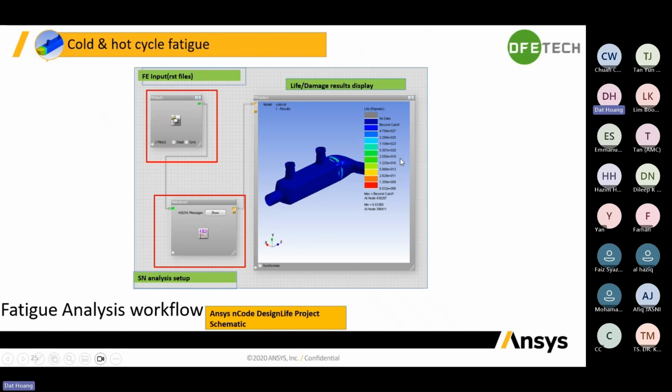So we have the FE result file from mechanical, and then we have maybe the SN curve setup, or the duty cycle setup, and then we can perform the fatigue analysis and get a result like this. So we can see how many cycles the equipment here can withstand.